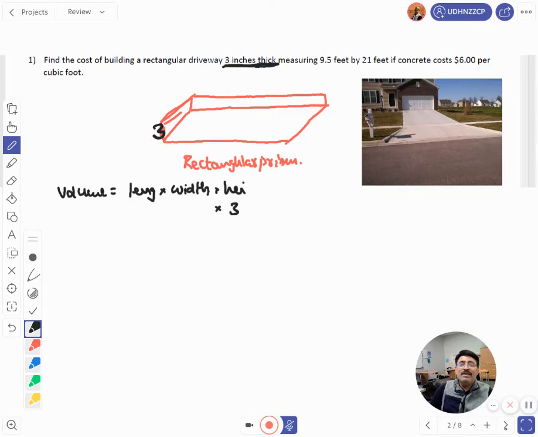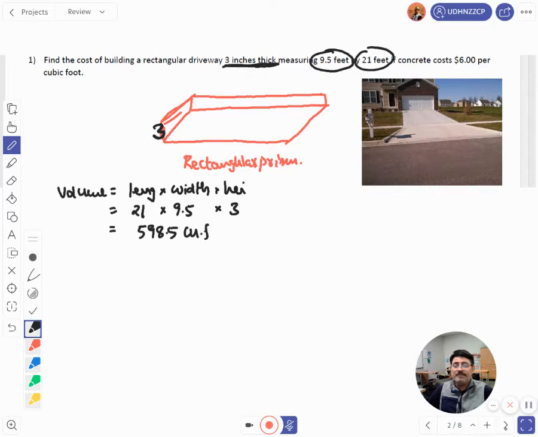And next, length and width are given as 9.5 and 21. Therefore, let me take the longest one, which is 21, and the width is 9.5. Thickness is the height. Now, let me grab my calculator and compute, which is 21 times 9.5 times 3. That's giving me 598.5 cubic feet.